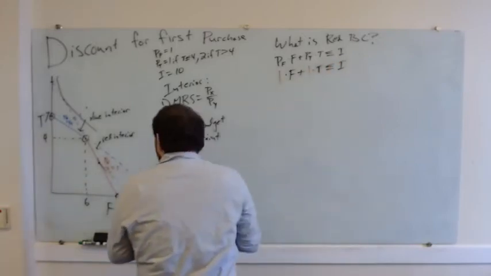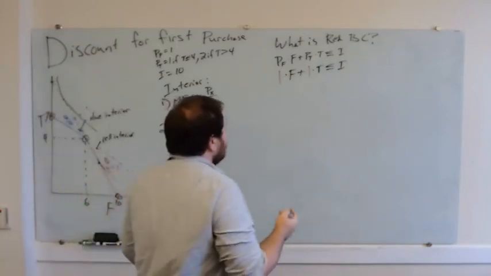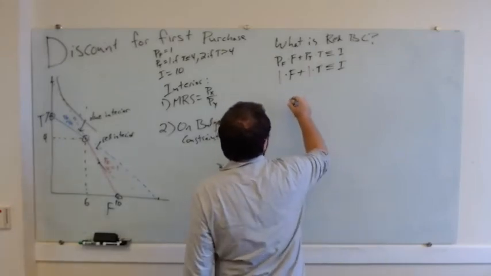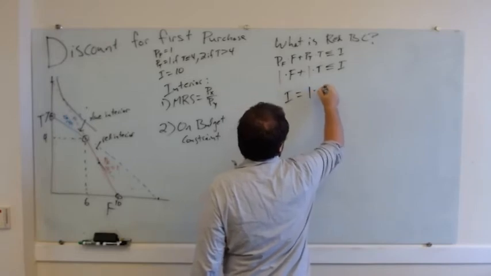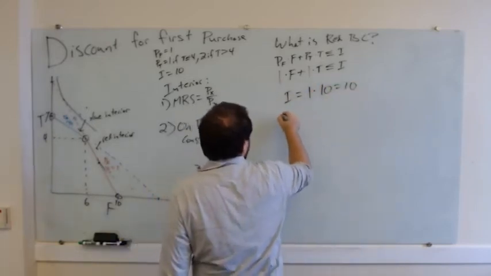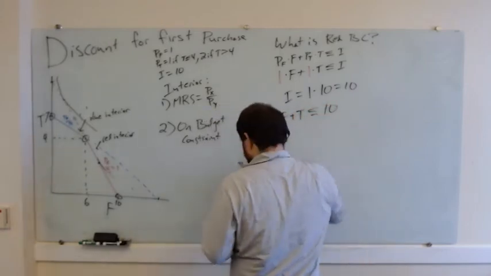We also know that our income has to be just enough for us to buy 10 units of froyo, so income equals 1 times 10 units of froyo, which equals 10. So our red budget constraint is F plus T less than or equal to 10.